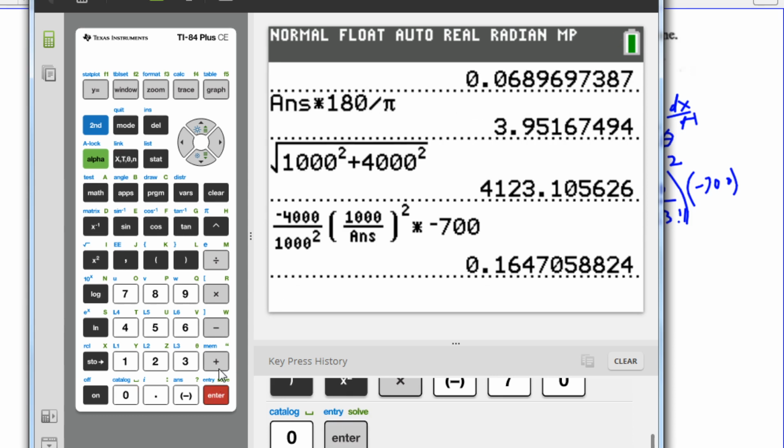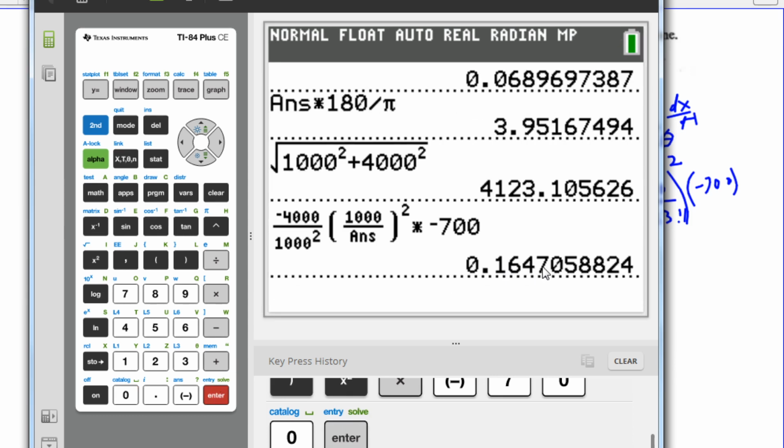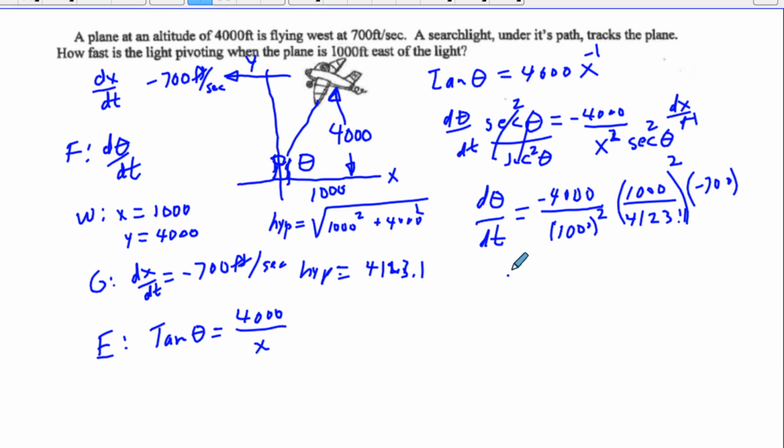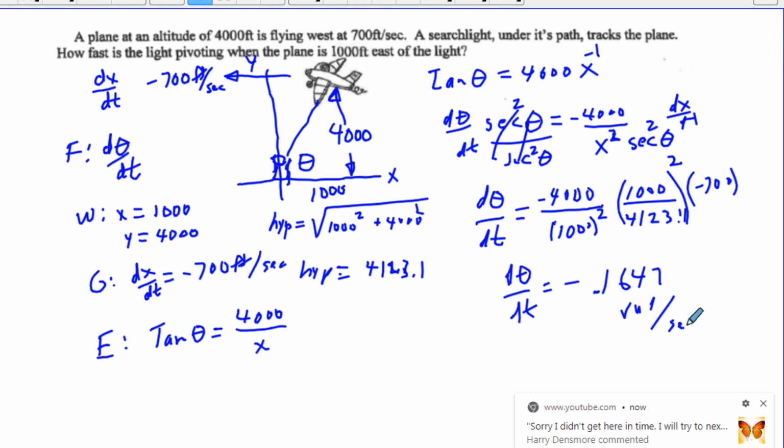There we go. So we get 0.1647 radians per second. That's going to be radians per second.